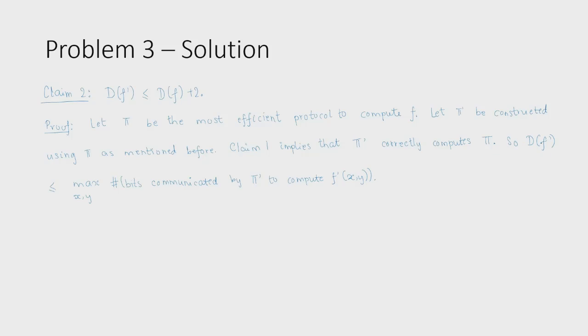Why? Because the communication complexity is the minimum over all protocols. Here we have one protocol, so it's obviously upper bounded by this quantity. Better protocols can exist, but this is at least one protocol, so this is an upper bound. Is this fine? Yeah. So now we just need to find the number of bits communicated by pi prime.